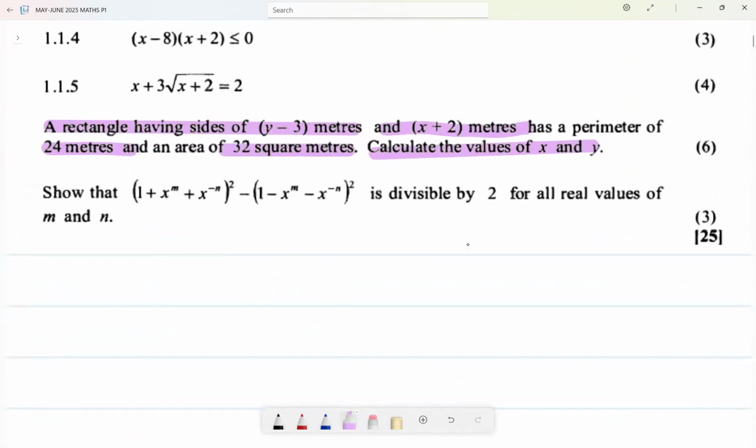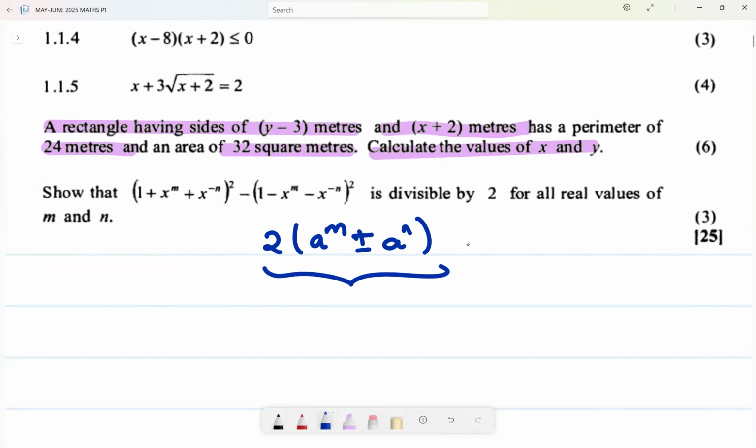Show that this expression is divisible by 2 for all real values of m and n. And you'll be like, what's going to happen now, guys? Remember, if something is divisible by 2, if you can get this expression and take 2 to the power of whatever, m, maybe plus or minus a to the power of n, whether it's negative or positive, it's fine.